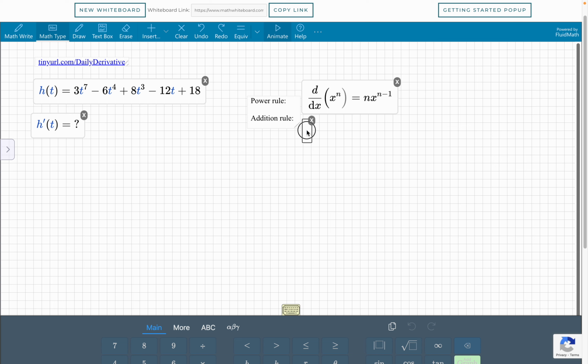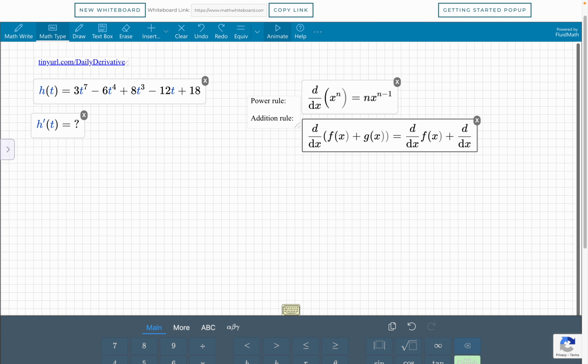And then the addition rule: let's say the derivative of f of x plus g of x equals f prime of x plus g prime of x. That helps.